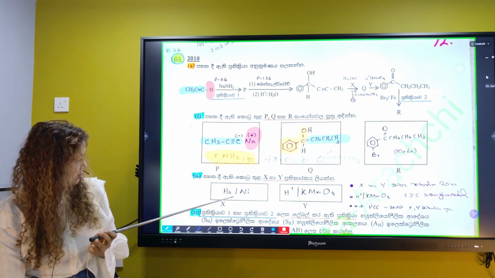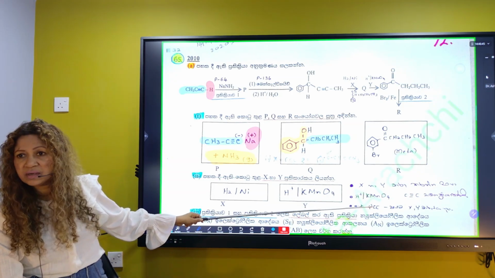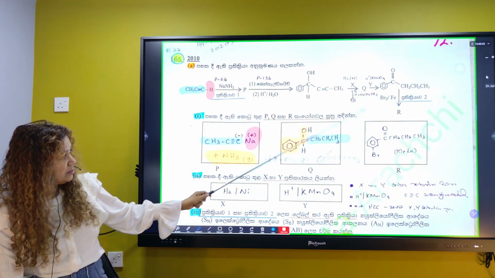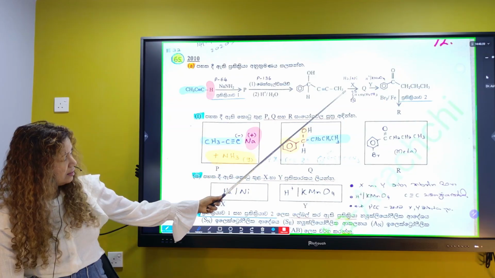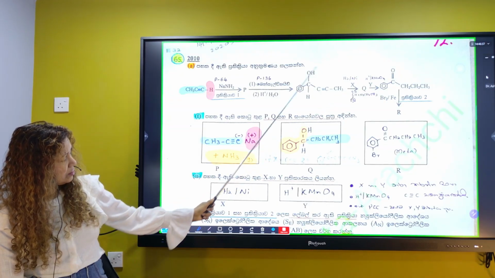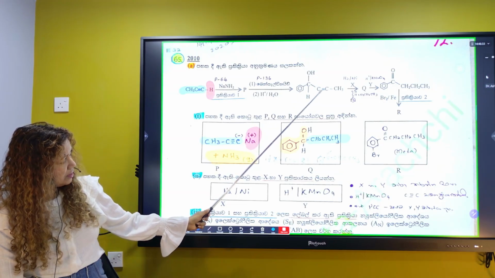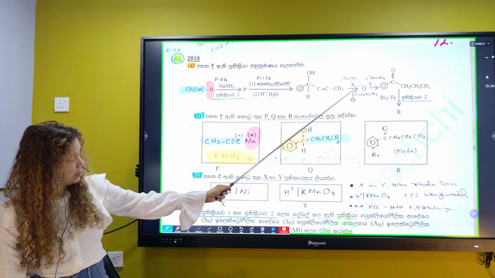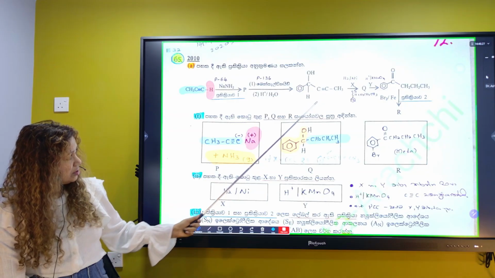So you cannot swap these two. If this is PCC, you can write PCC here and then CO this part, and later you can add hydrogen nickel. But if you go with acidic oxidation, then you have to add it at the last time to avoid oxidation of the triple bond.